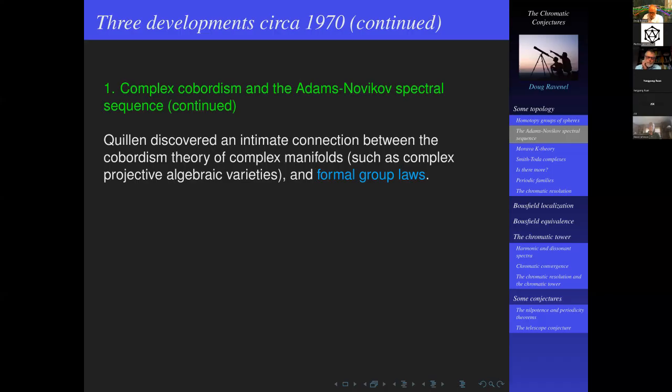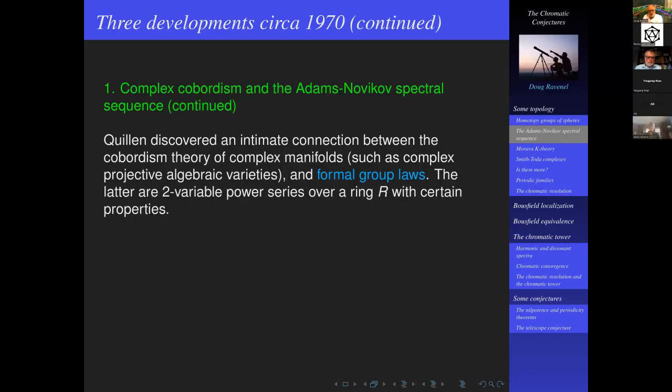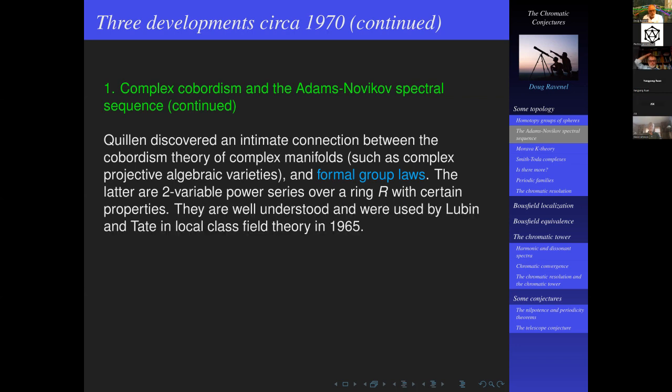Formal group laws are either group or co-group objects in the category of schemes or something like that. I like to think of them as two variable power series over a ring R with certain properties. Again, I'm not going to go into the technical details of this. They are well understood, and they were used by Lubin and Tate in local class field theory in 1965.